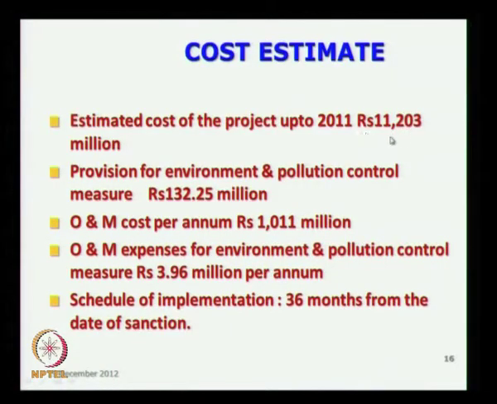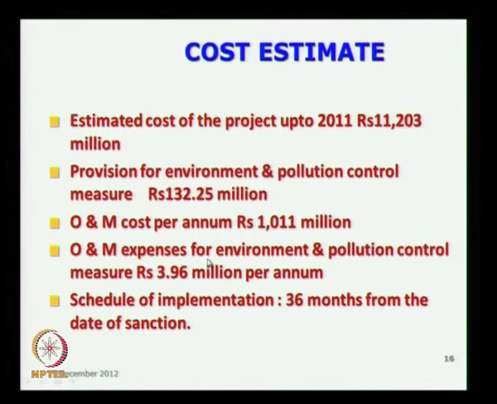So these are showing some cost. The cost of the project is about 11,203 million rupees, out of which about 10% they have provided for environment and pollution control. The operating and... not 10%, it is coming about 1%, right, about 1%. Operation maintenance cost is about 10%.